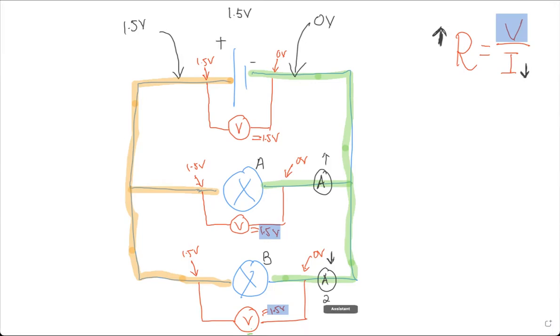If this ammeter gives me a current of 2 ampere, are you able to calculate the resistance of this bulb, bulb B? Anyone?